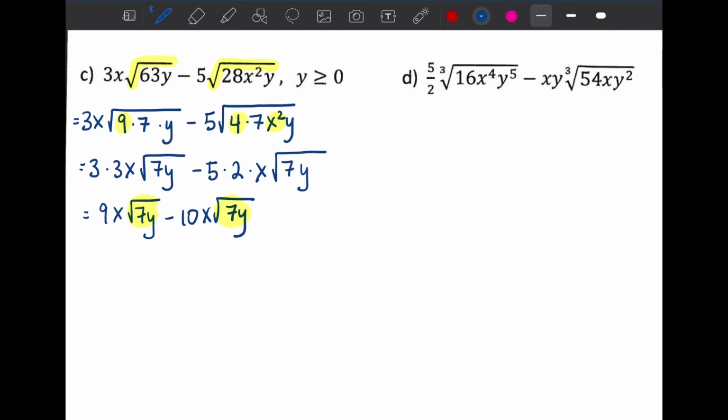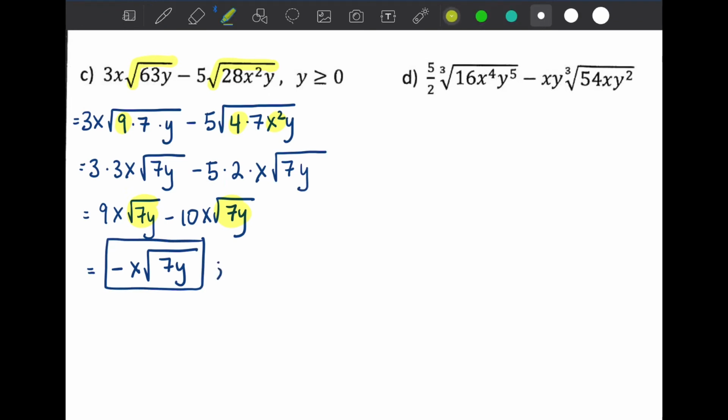Simply, we just do 9x minus 10x. We have negative x times square root of 7y. This is our simplified form. And also, because we have the variable inside the radical, we do need to state the restriction that y must be greater than or equal to 0, just like the question stated.